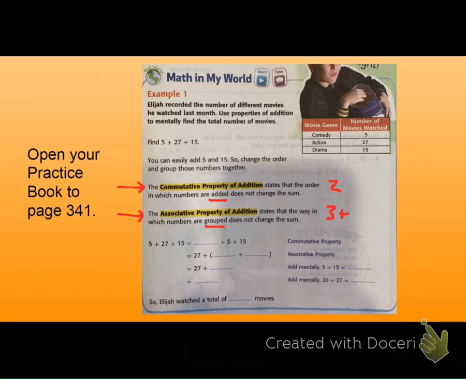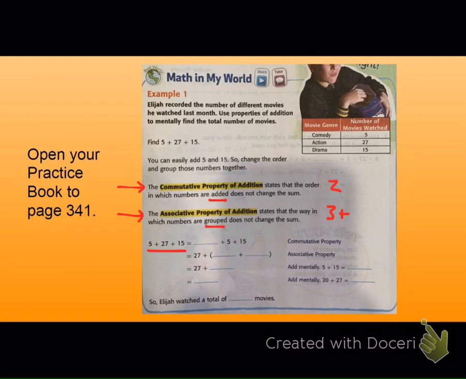So we have 5 plus 27 plus 15. So if we were just to change the order of the numbers is all we're doing. So we have a 5 and a 15 over here, so we just need to write a 27 there. That's the only number that's left, right? So now we have 27 plus 5 plus 15.